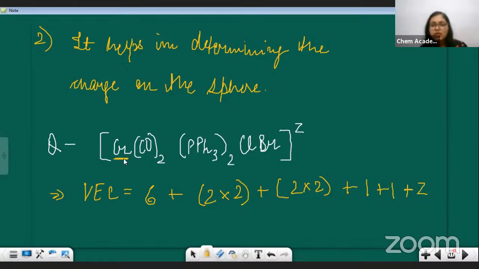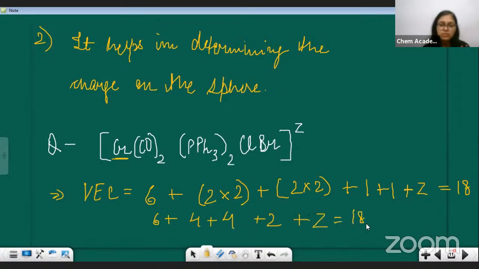Since here we have chromium, only one metal, we are going to keep this equal to 18. Now solve it and tell me what should be the value of Z. 6 plus 4 plus 4 plus 2 plus Z equals 18. Tell me the value for Z, please.